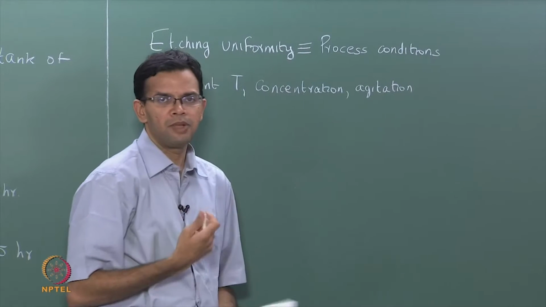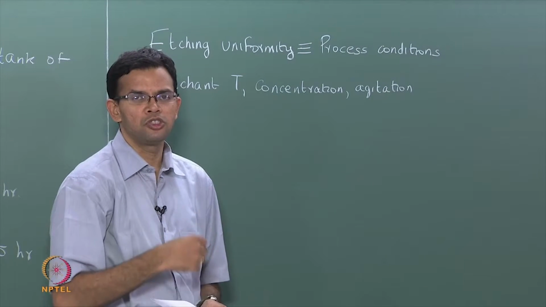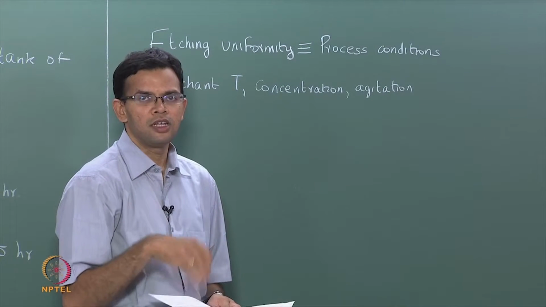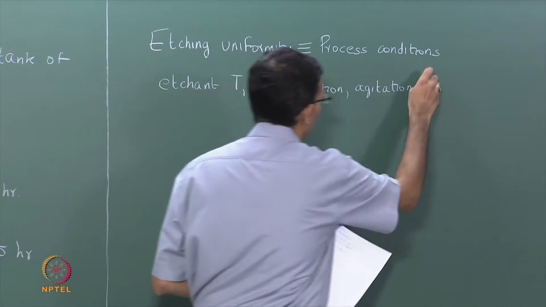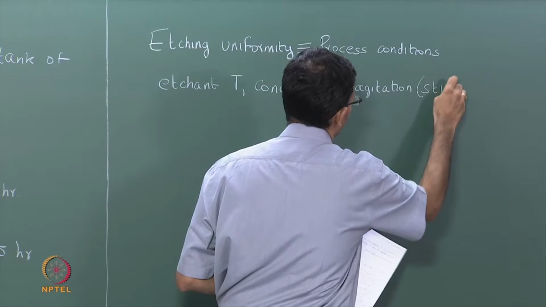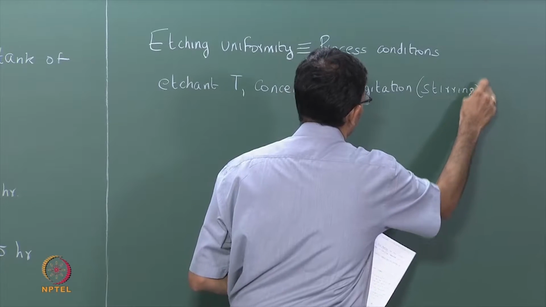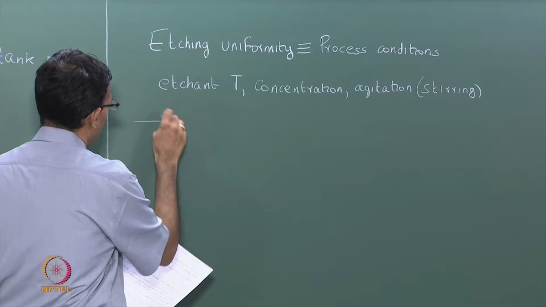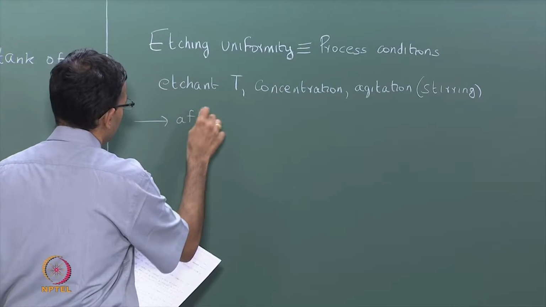This could be a simple magnetic stirrer that is used to stir the liquid so that there is greater fluid flow. So some sort of stirring, and all of these affect the etch rate.